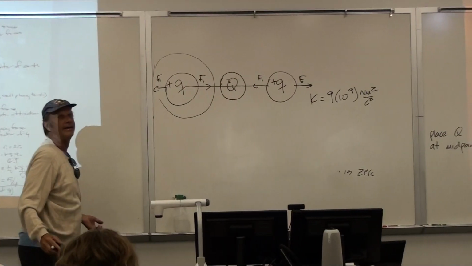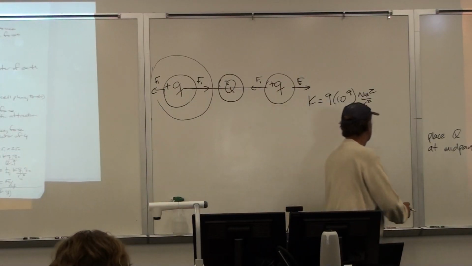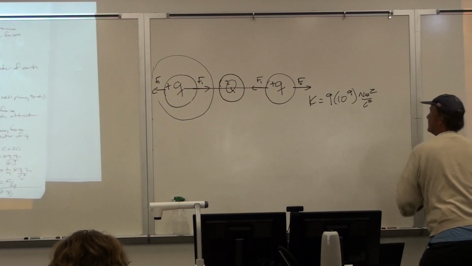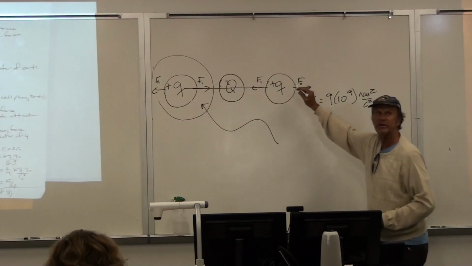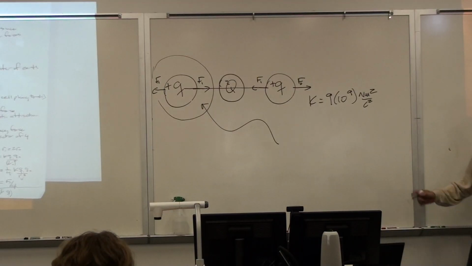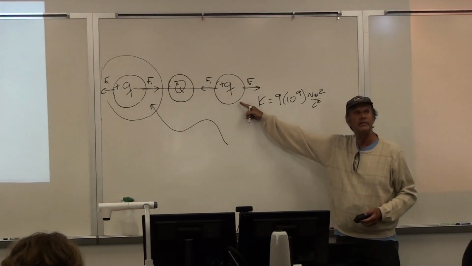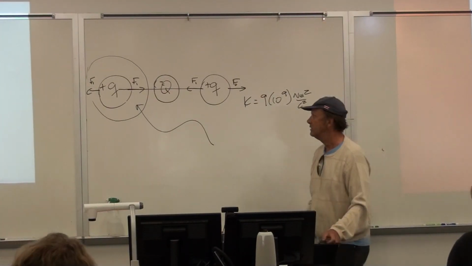Where am I? You know, I just get dizzy and pass out from confusion. So identify which charge it is that you're looking at. I could have just as easily chosen this one because of the symmetry of the problem. And it would give me the identical equation. So I don't need to write the identical equation twice. Just write it once for that.